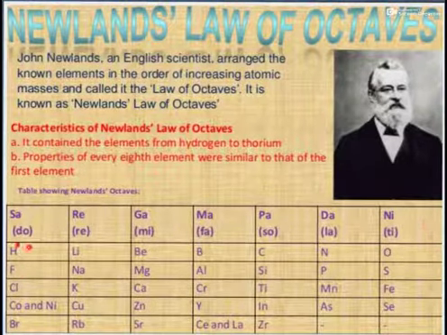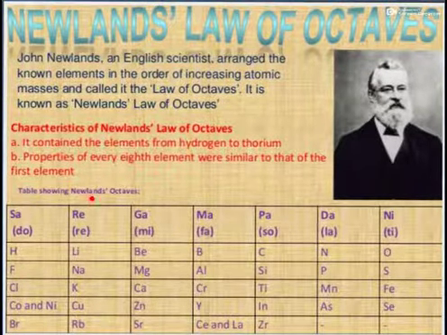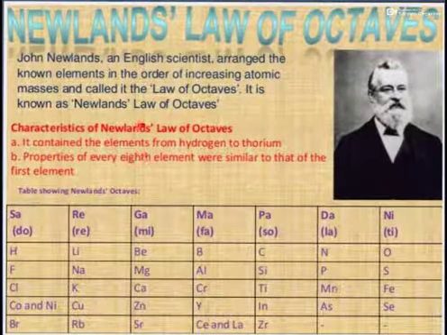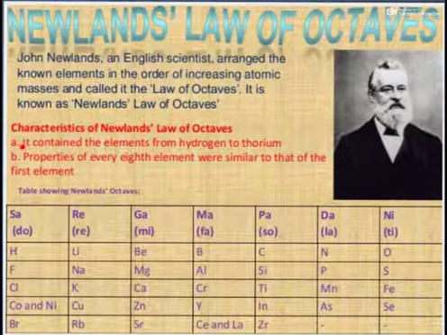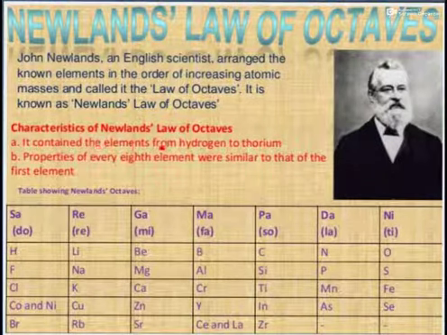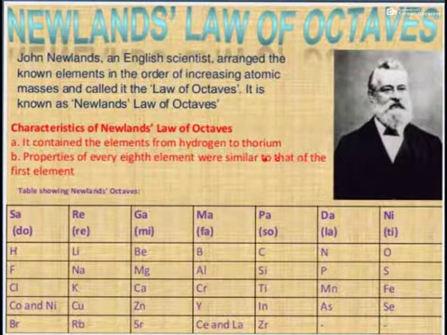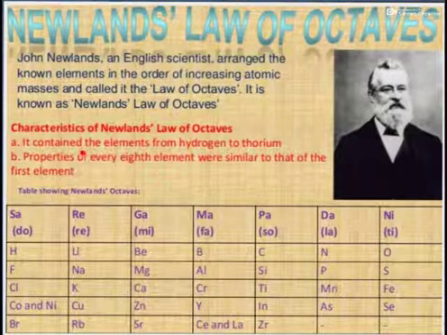You can see here the table which shows Newlands' octaves. The characteristics of Newlands' law of octaves were that it contained the elements from hydrogen to thorium, and the properties of every 8th element were similar to those of the first element. These are the 2 characteristics of Newlands' law of octaves.